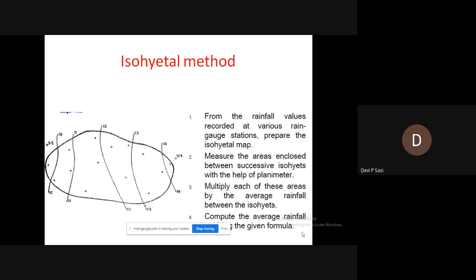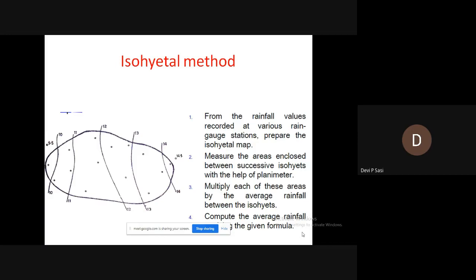step 1 is to prepare an isohyetal map from the rainfall values. Several rainfall values will be recorded, and from those recorded values we have to prepare an isohyetal map. You can see the values 10, 11, 12, 13, 14, etc. on the map.